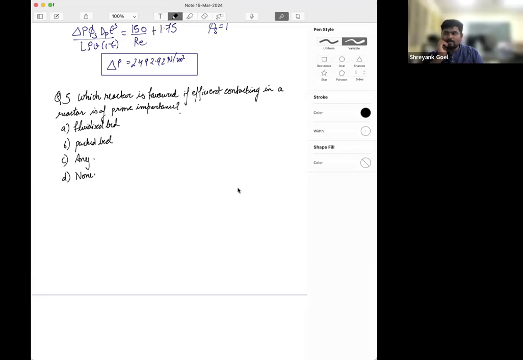What is the reason for using fluidized bed? Any reason for using fluidized bed?